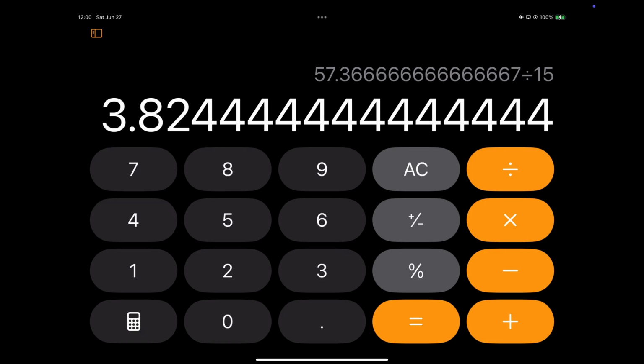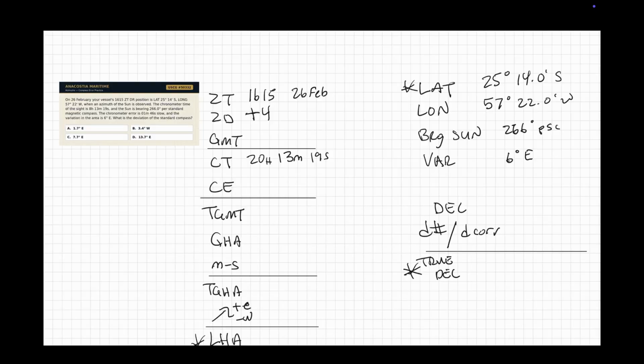If it's 0.5 or above, so like 3.5 or above, it's going to go to the next whole number, all right? If it was 3.4, it would round down, okay? And us being on the west, it's going to be plus, all right? I like going about it this way. It's just faster and it's simple.